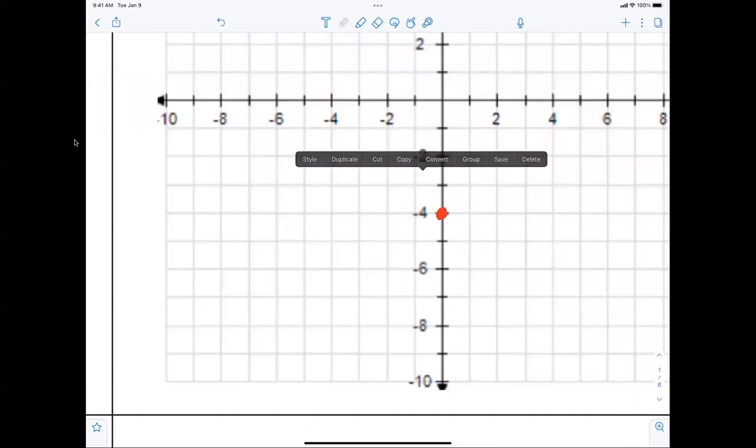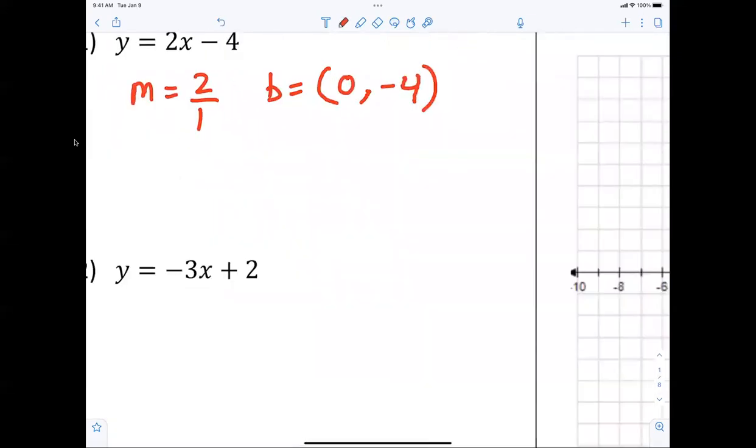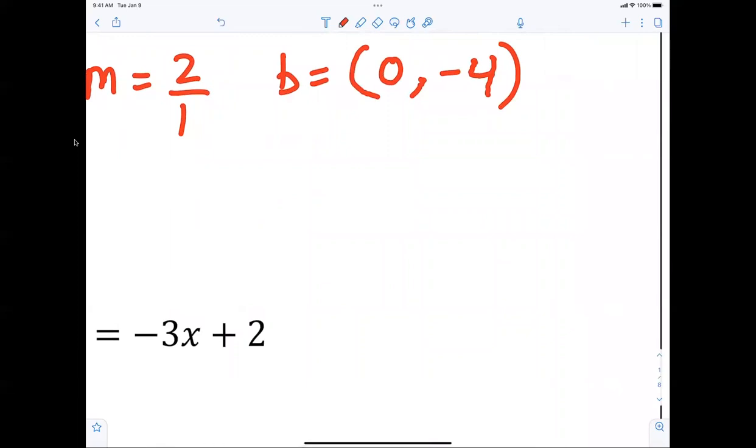Now we use our slope. And our slope right next to it, just to make sure you're understanding me, is delta y over delta x. What does that mean? That means on the y-axis, you go up 2. And on the x-axis, you go right 1. That's what that means.